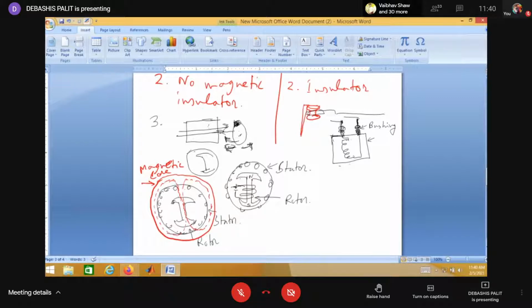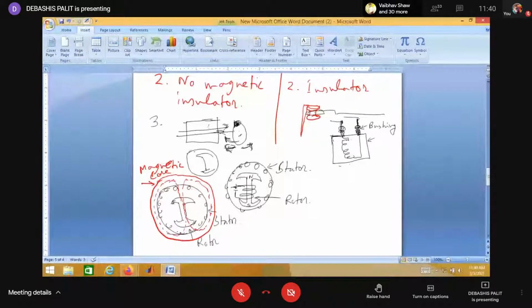Now what happens when current is flowing in the conductor? If it is alternating in nature, due to alternation of the current there is a shifting of magnetic pole, which means a rotating magnetic field is created here.